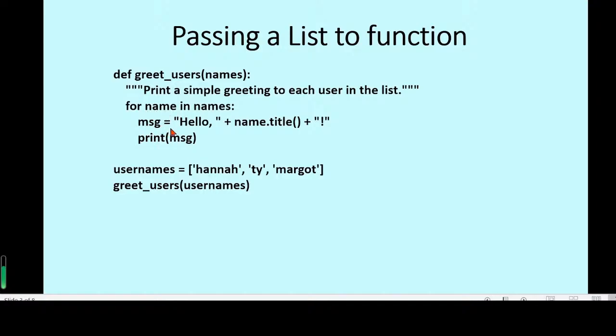Next, we create a message with the concatenation of hello and the name's title, then print this message. When we call this function, we create usernames with 3 names in this list, then call the function greetUsers, passing this usernames list.